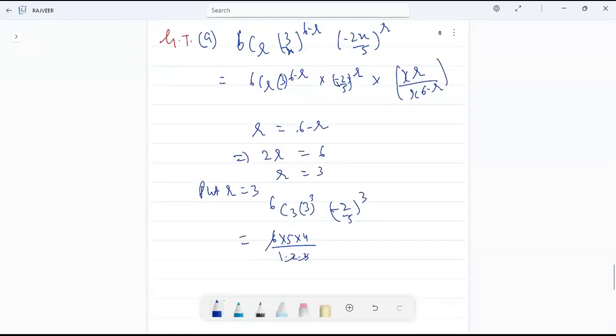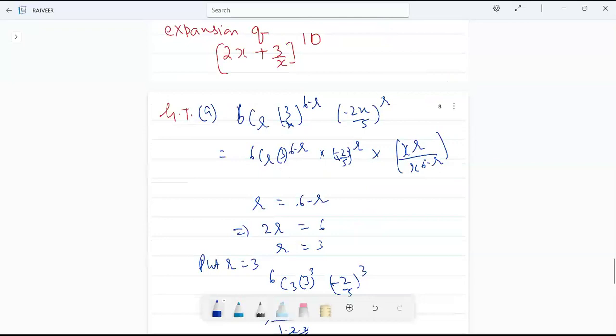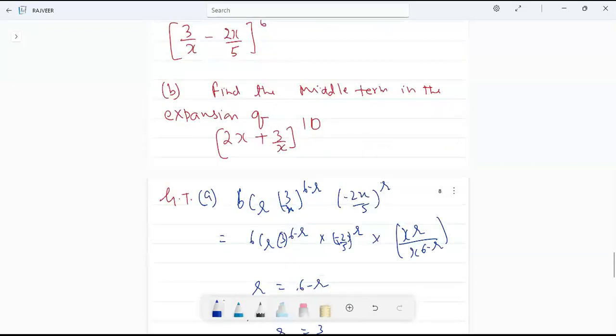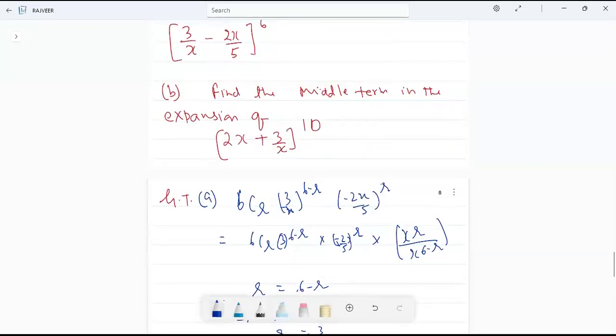I just want to get this right properly. So 6Cr, then 3 over x to the power 6 minus r becomes just 3 to the power 6 minus r, and minus 2x over 5 becomes minus 2 over 5 to the power r.